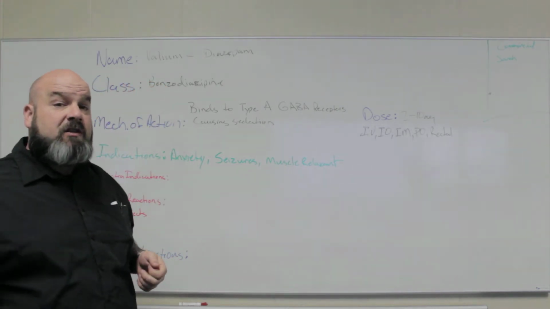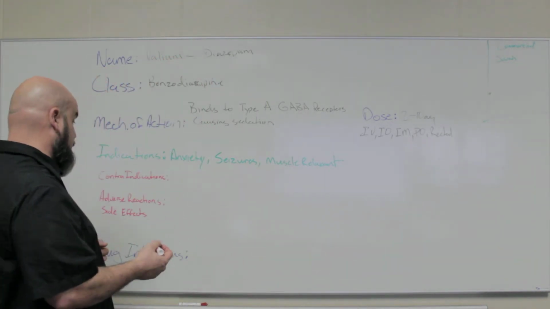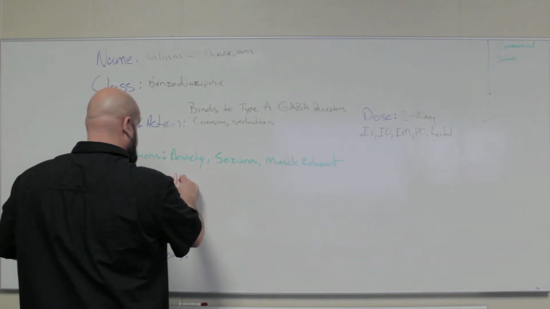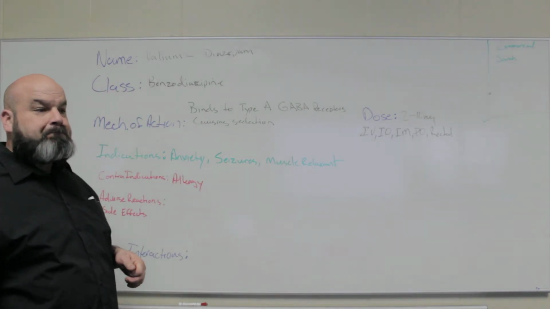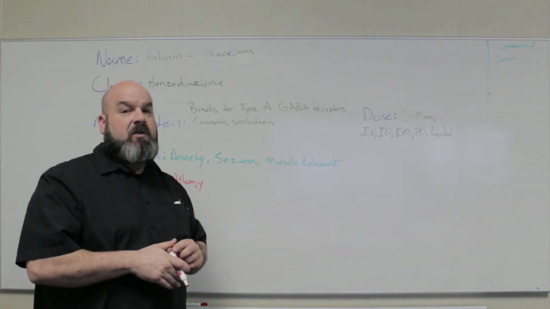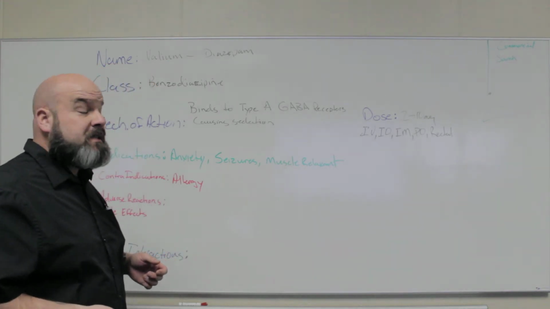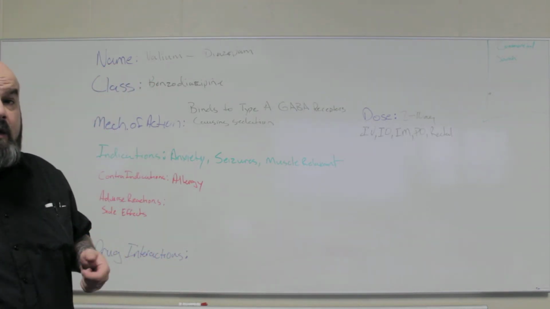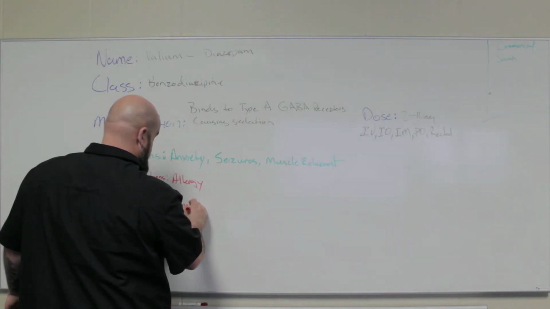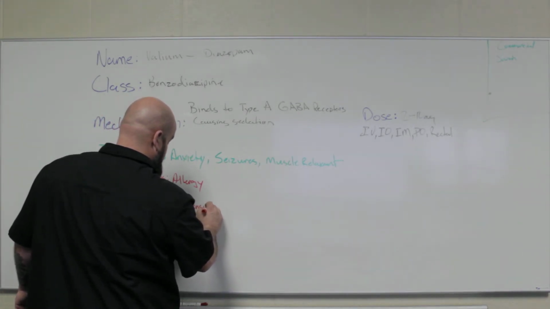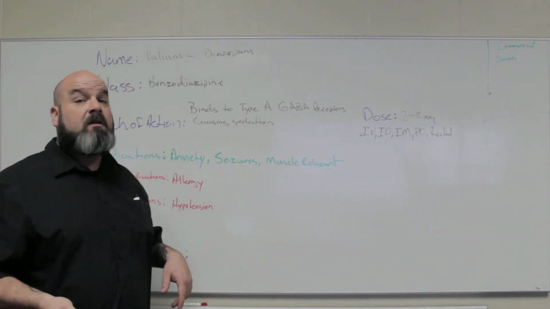Our contraindication for giving Valium is going to be allergy to the med. Only real contraindication to it. Some of our side effects, adverse reactions, are going to be hypotension, which you would figure since it is a sedative and it is going to cause relaxation.